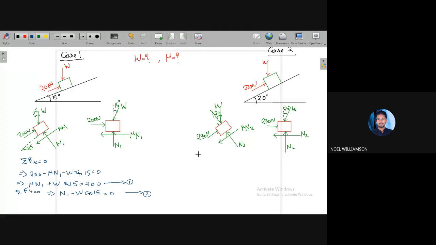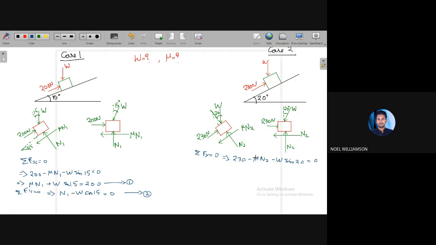Now from case 2, sigma fx equal to 0 implies 230 minus mu N2 minus W sine 20 equal to 0.